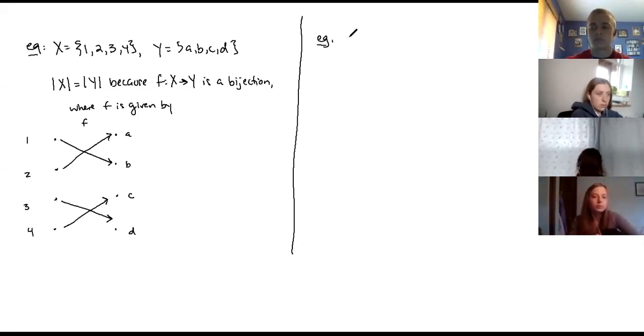So let's do first the example that Grace asked about. Let's say that X is the set of all integers and Y is the set of all even integers. It actually turns out that the cardinality of X and the cardinality of Y is the same.